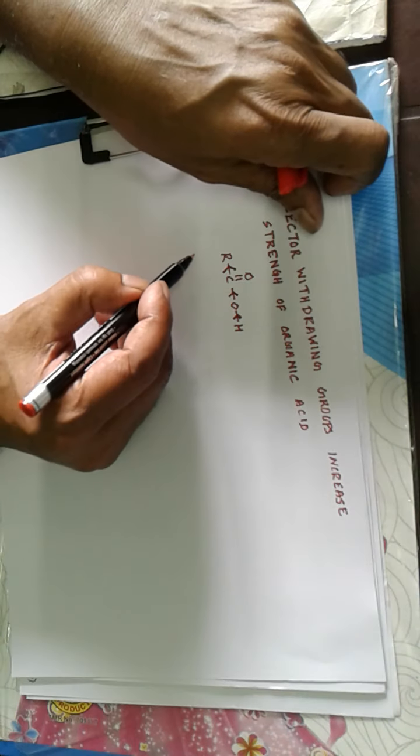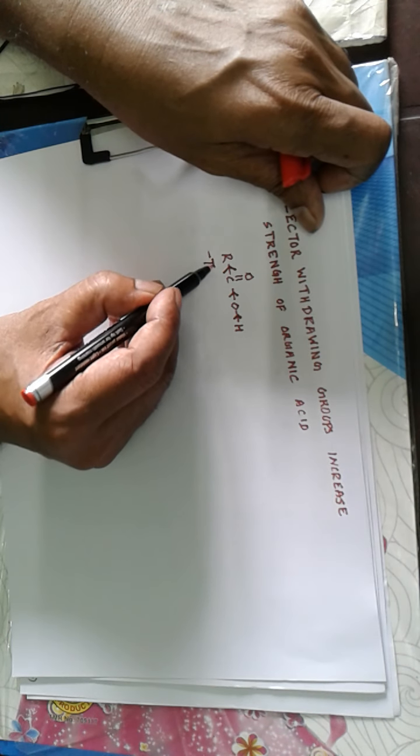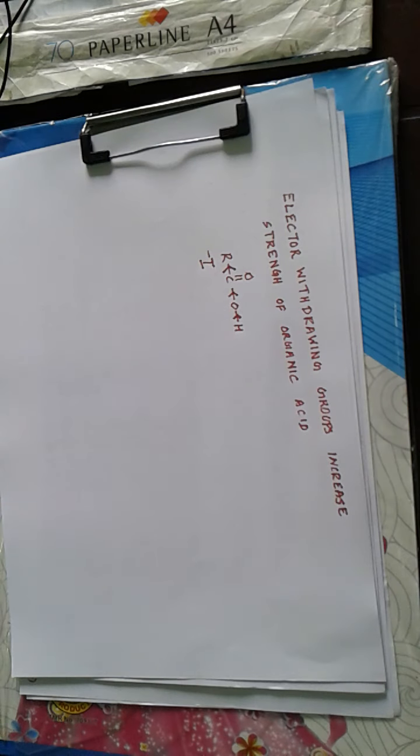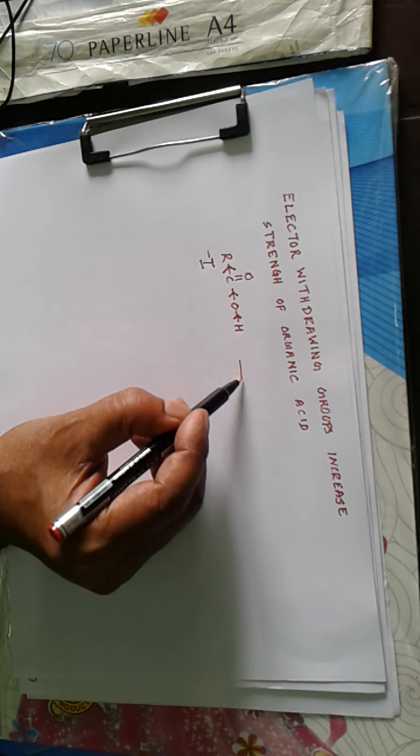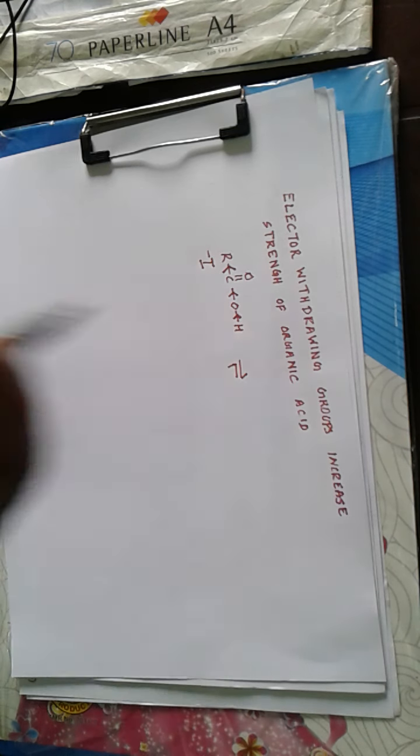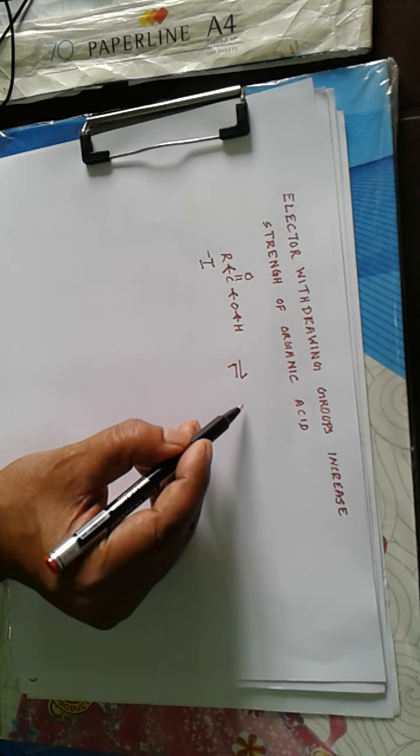So the electron withdrawing group, due to its minus I effect, increases the polarity of the OH bond. So it is easy to remove the hydrogen as H positive.